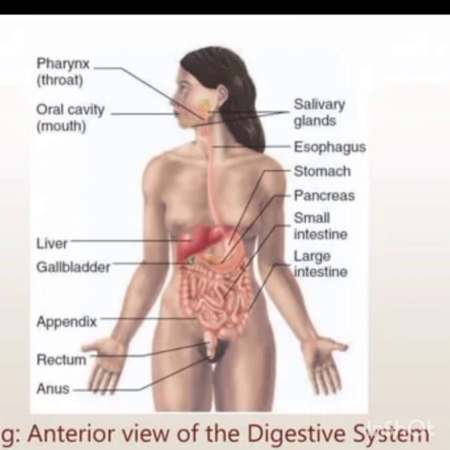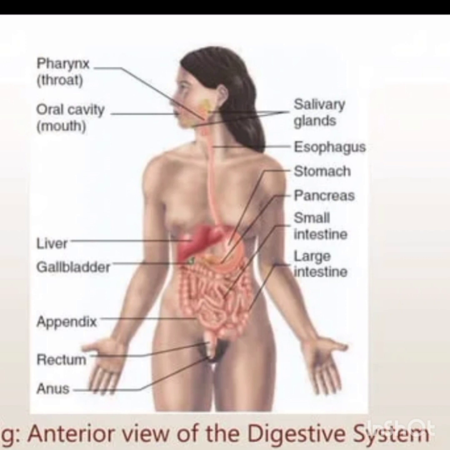If you see the anterior part of the digestive system, these are all the parts we can see anteriorly, that means in front of you. The pharynx, also known as the throat, the oral cavity or mouth, the salivary glands, and the esophagus, the tube which carries the food from the mouth to the stomach.